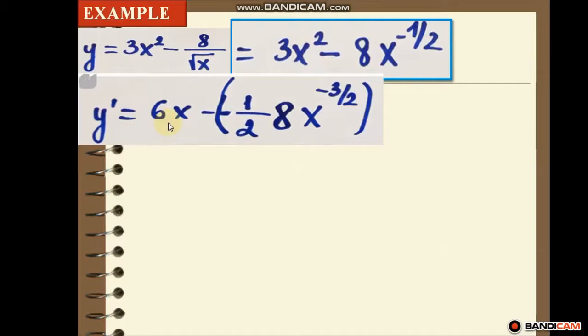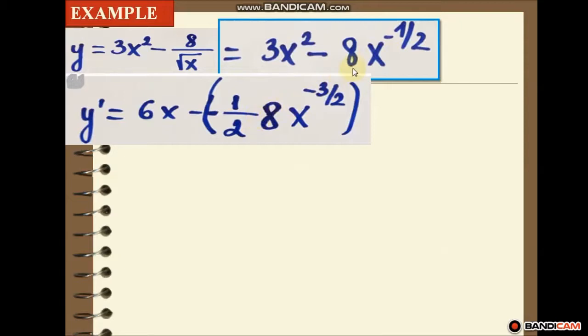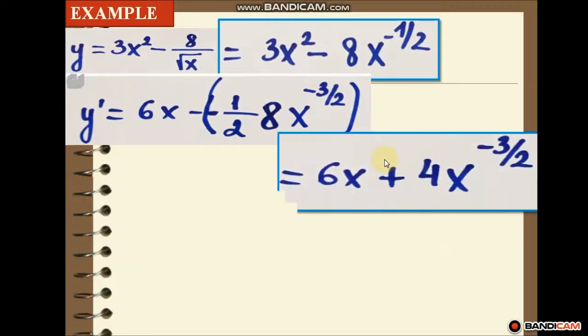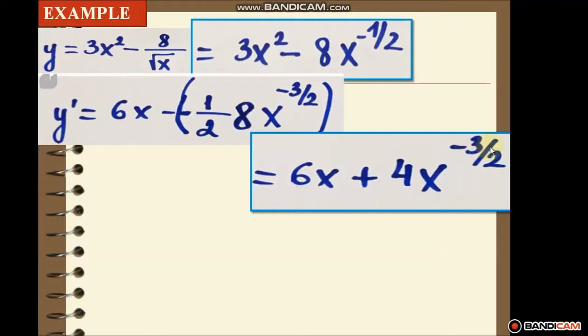The first derivative is 6x, and minus 1/2 is our power, multiplied by 8, and from the power of x we subtract 1. This will be minus 3/2. If we calculate this multiplication, minus minus will be plus, 6x + 4x^(-3/2).